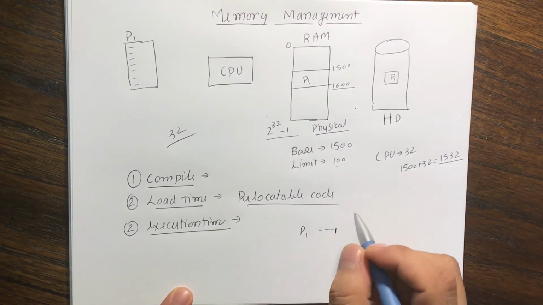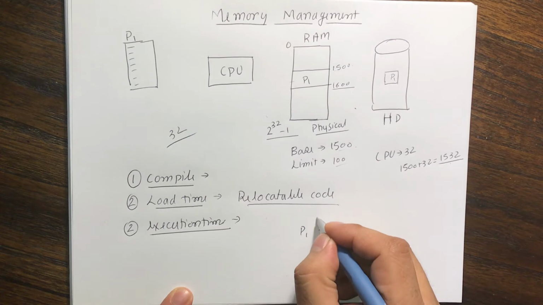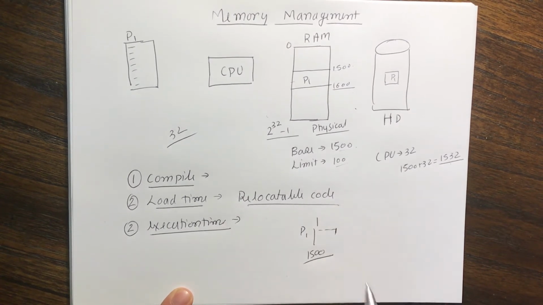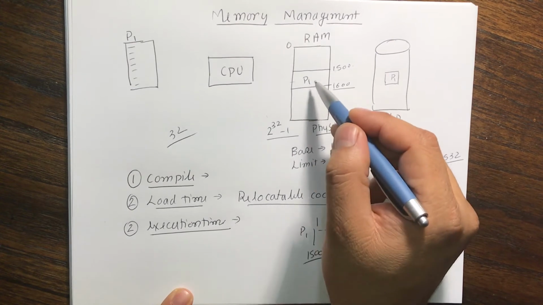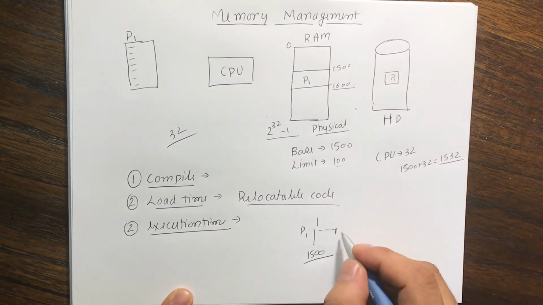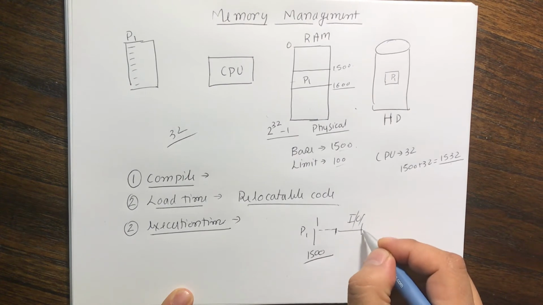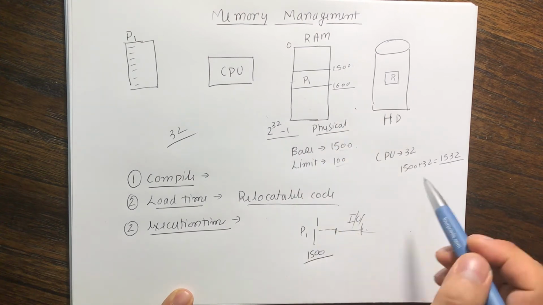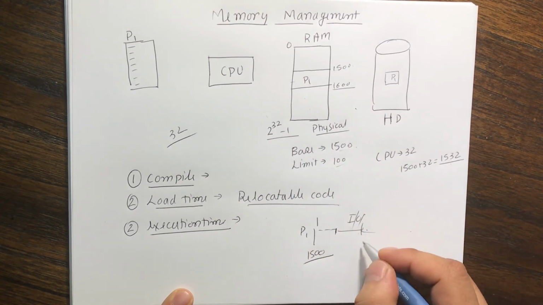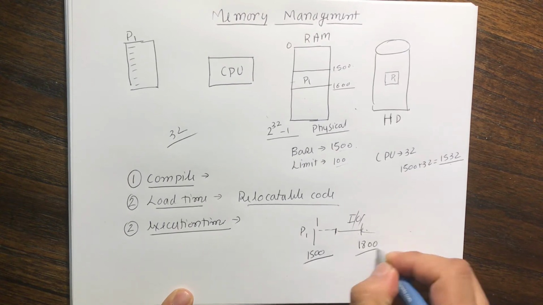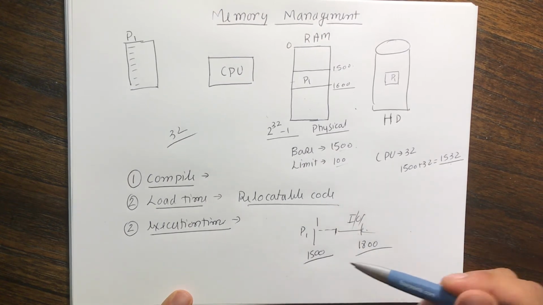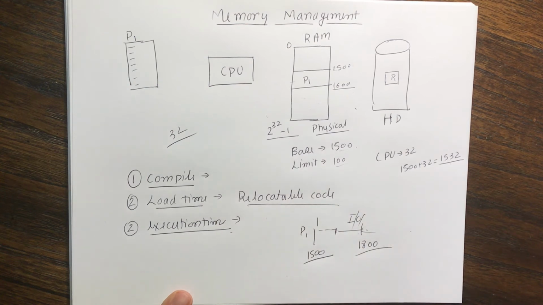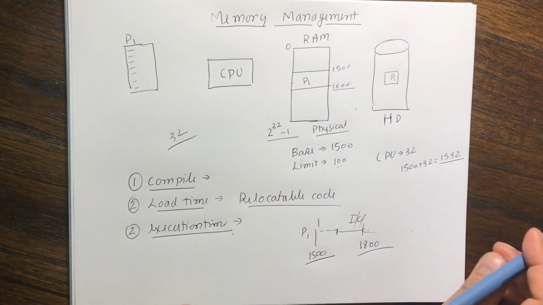It was at line number 1500, but the operating system might move P1 to some other location when the IO interrupt is finished. The second time it starts executing, the same line of code might not be there; P1 might be at location 1800. So at execution time, when the CPU wants to execute, it figures out where my code is located inside the RAM and gets that to me. That is called execution time binding.